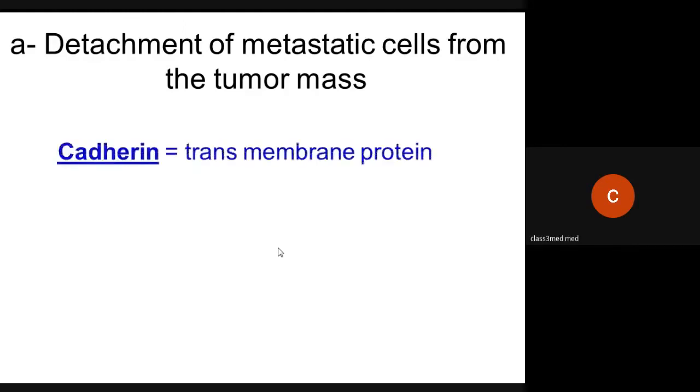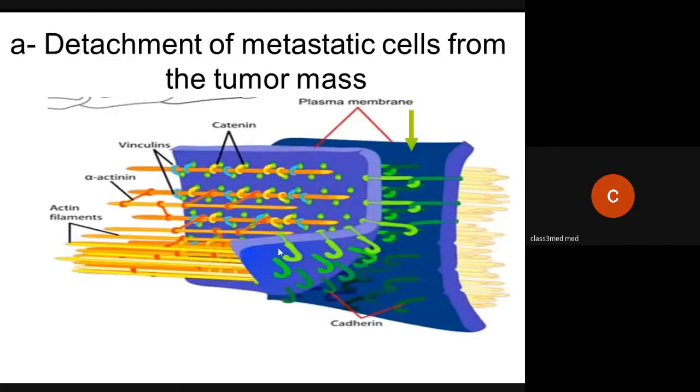Is that clear? The most important and strong transmembrane adhesion molecule is the cadherin. You may have taken it in histology or biology. And this is the cadherin. Look at the arrow. Okay? It is a very strong adhesion molecule that adheres the cells to each other.